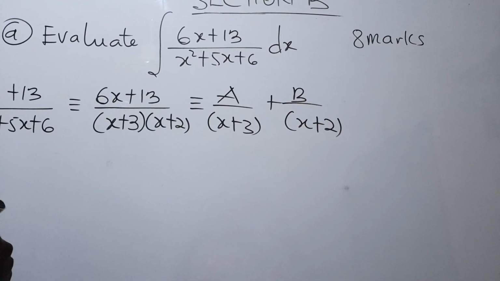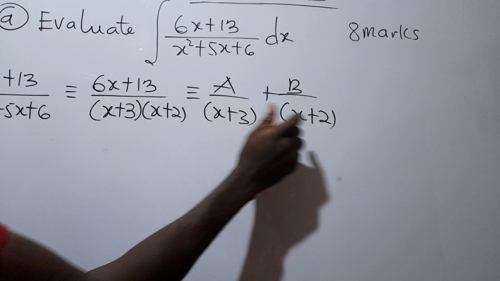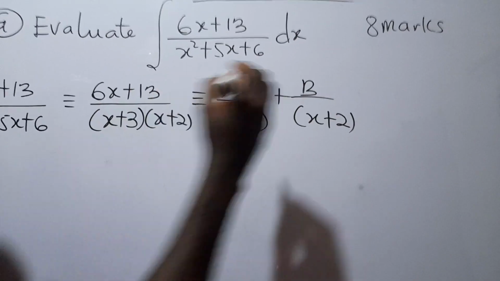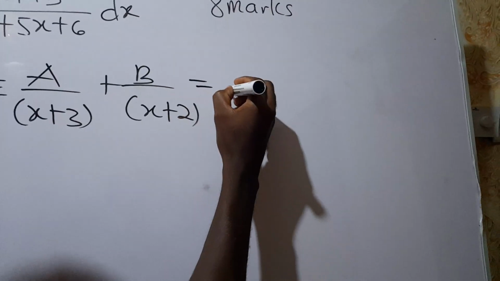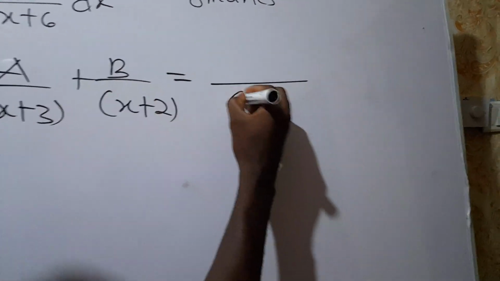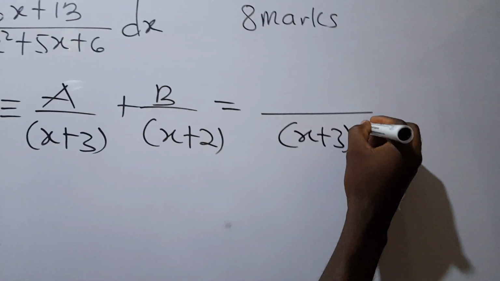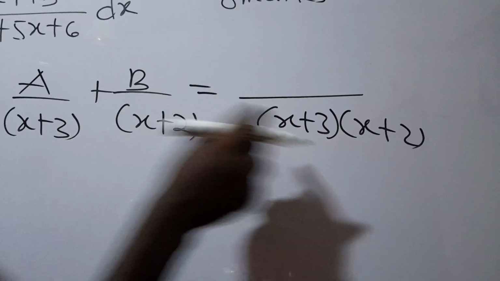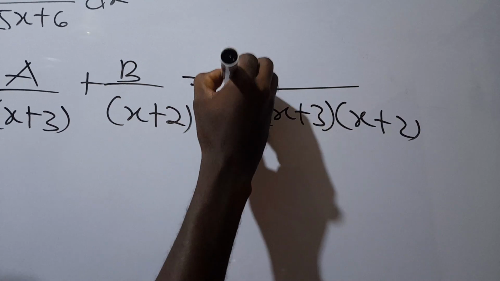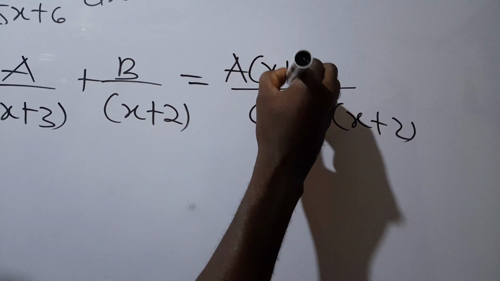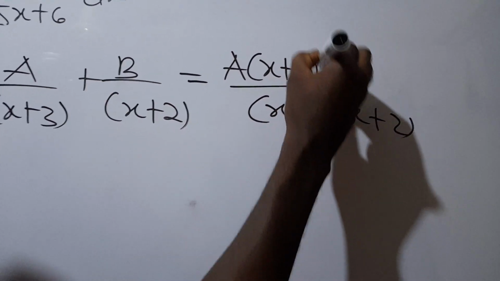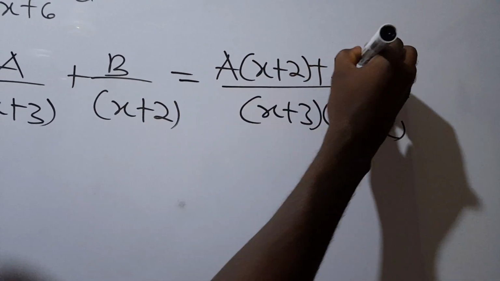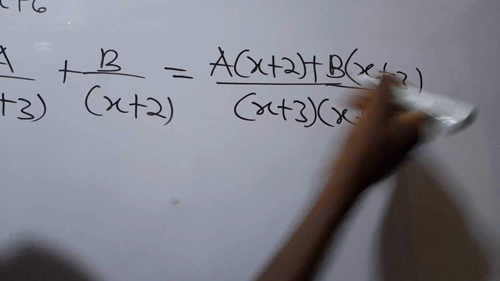Finding the LCM, which is x plus 3, x plus 2: when x plus 3 divides this, we are left with x plus 2, so we get A bracket x plus 2 plus B bracket x plus 3.